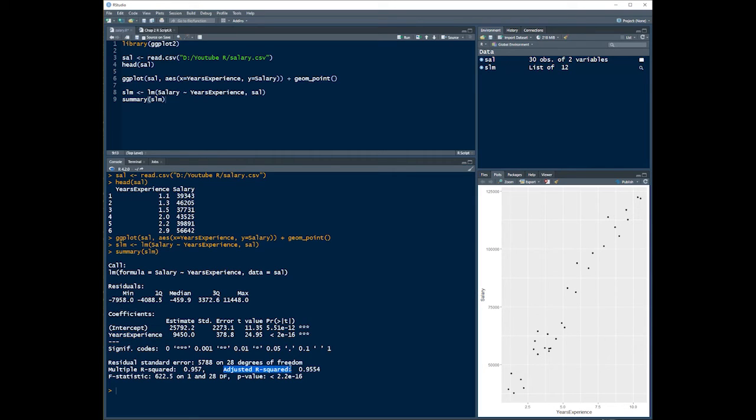Adjusted r square is pretty much the same in our case because we only have one independent variable. But if we have multiple variables, some of those independent variables may not be as significant as years of experience.